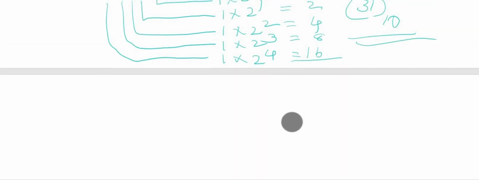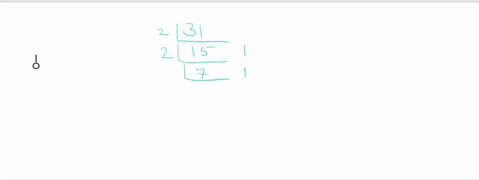Let's verify the answer. For that, write the number 31 here and convert into its binary form. 31 divided by 2, 15, remainder 1. 7, remainder again 1. 2, 3, remainder again 1. 2, 1, 1. 2, 0, 1.